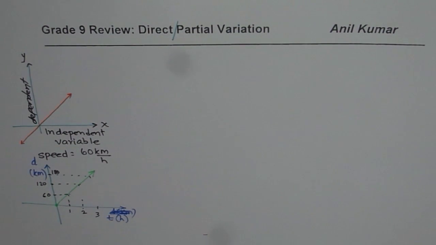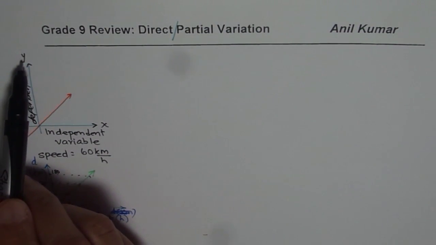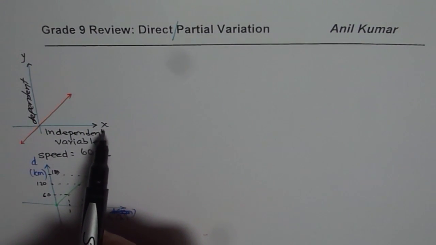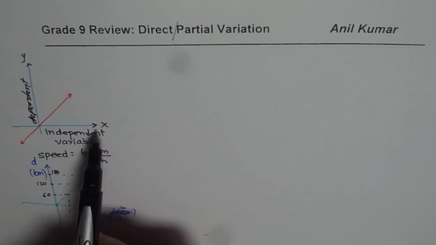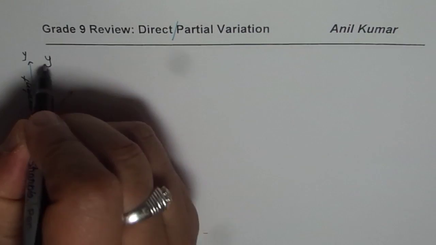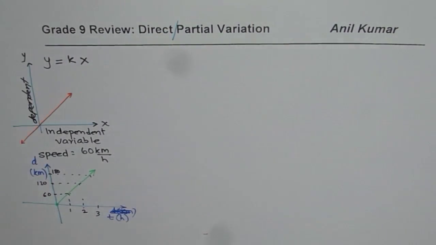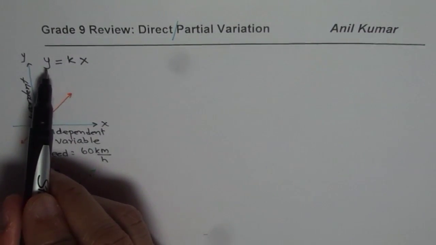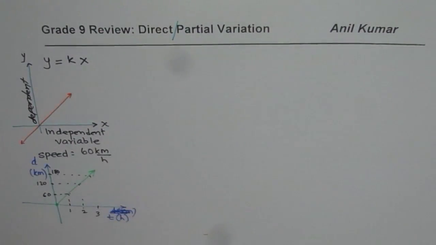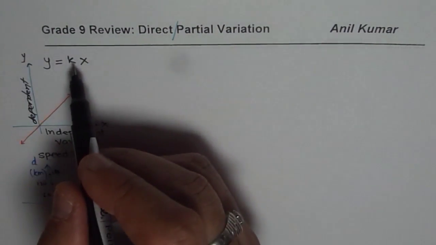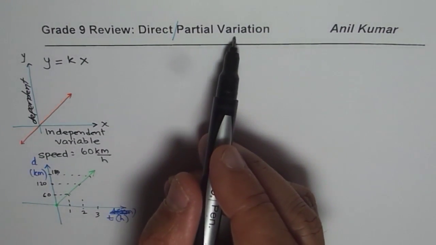So in these cases, what you observe is that the dependent variable is related to the independent variable with a constant multiple. That is to say, we can always write this as y equals k times x, where y is the dependent variable, x is the independent variable, and k is the constant of variation.